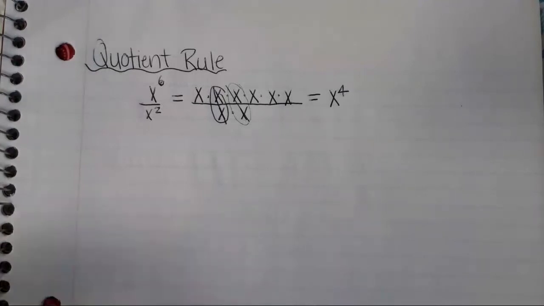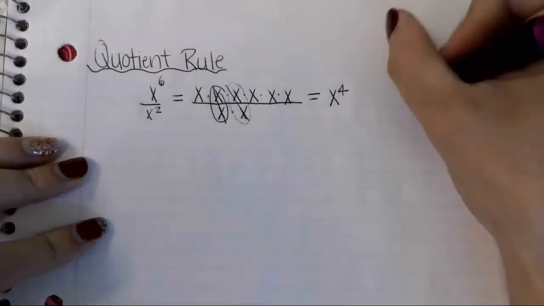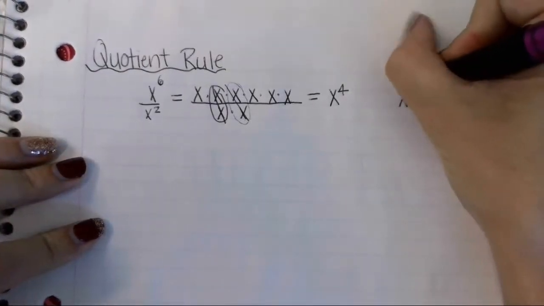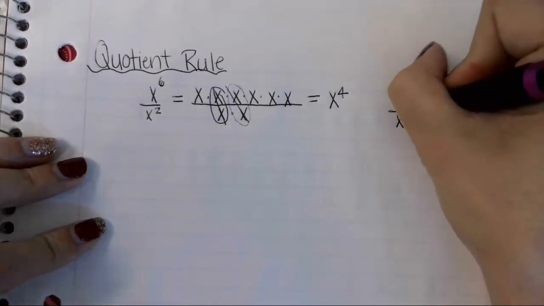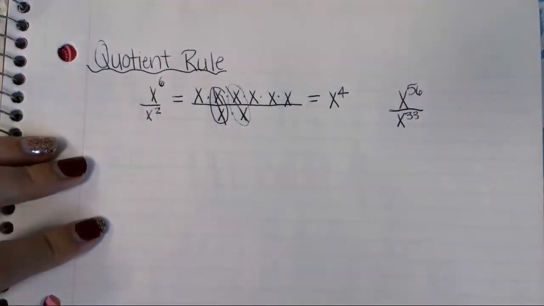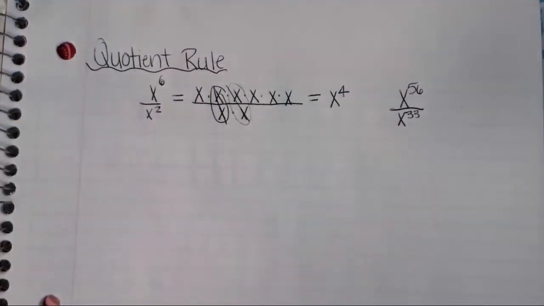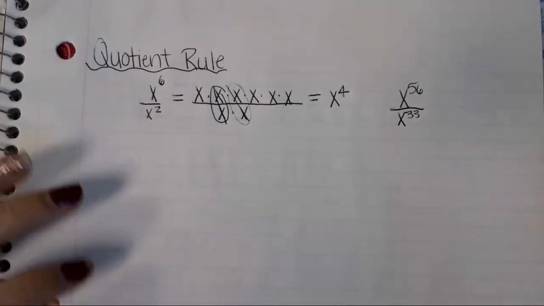But what if we had a problem and it said x to the 56 over x to the 33rd? How many of you guys would want to draw that out completely? That seems like a lot of x's to write out. So that's why we have this quotient rule.